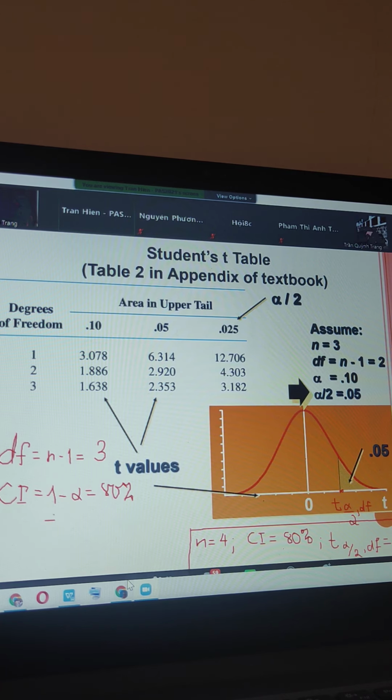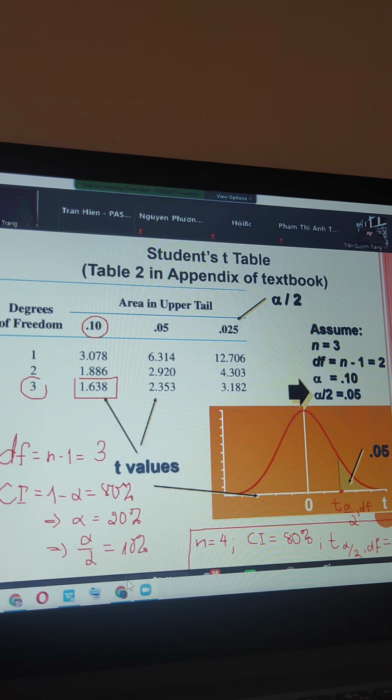So it means that the value for alpha will be equal to 20%. And the value for alpha over 2, the area in the upper tail, will be equal to 10% or 0.10, and the degree of freedom is 3. So the value for t in here is 1.638.